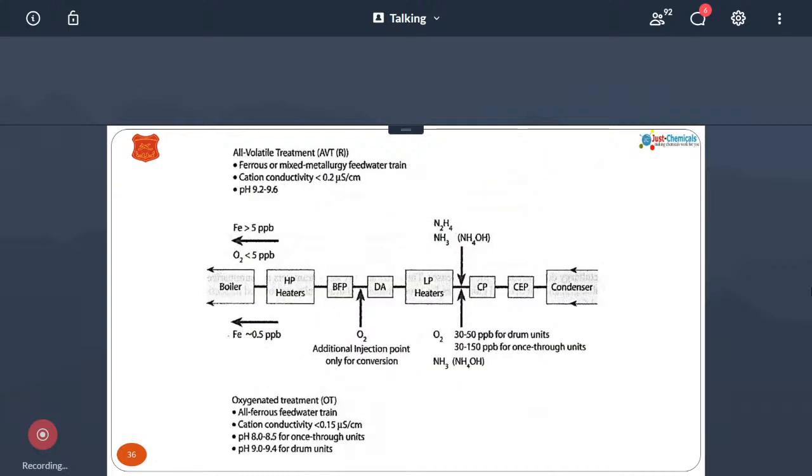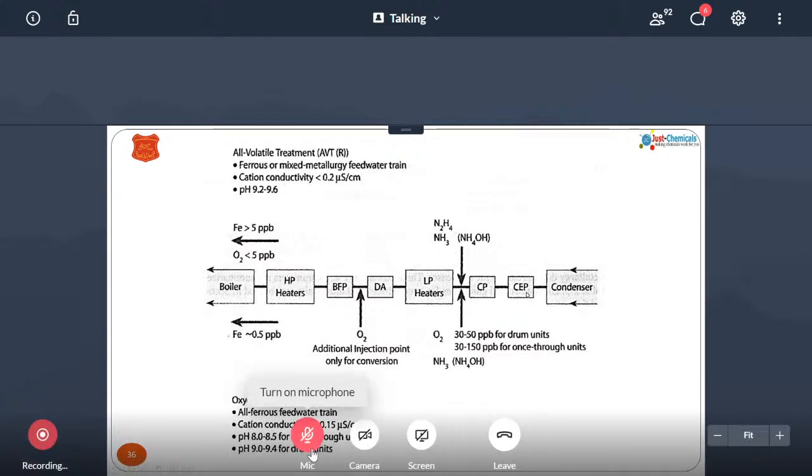And here are the dosing points. Here is where oxygen is dosed, after the CEP, the condensate extraction pump, and then the CP, the condensate polisher, or you call it CPU, condensate polisher unit. After that, you dose oxygen. For drum units it is 30 to 50 ppb, and for once-through units it is 30 to 150 ppb, and some ammonia.